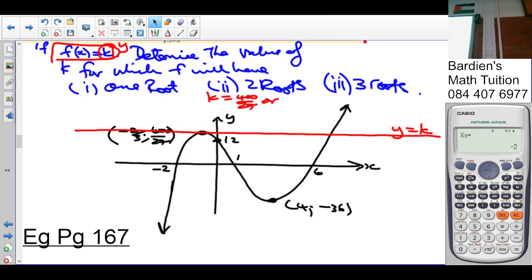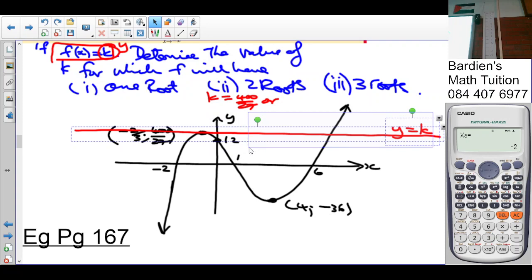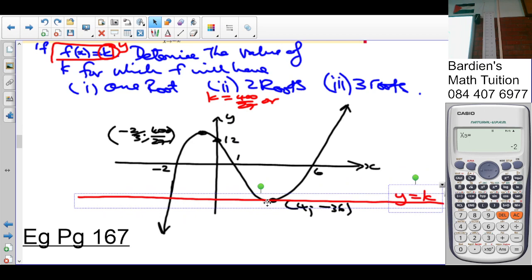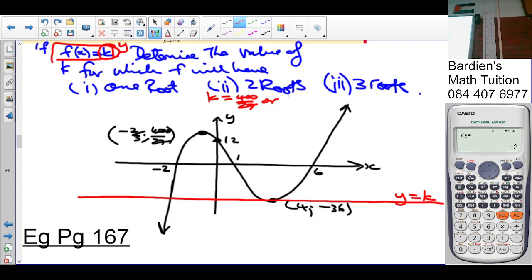Or, we'll bring that a bit down. How many roots would we have there? Also 2 roots. And what is your k value at this point? K is equal to negative 36. You all agree with that?